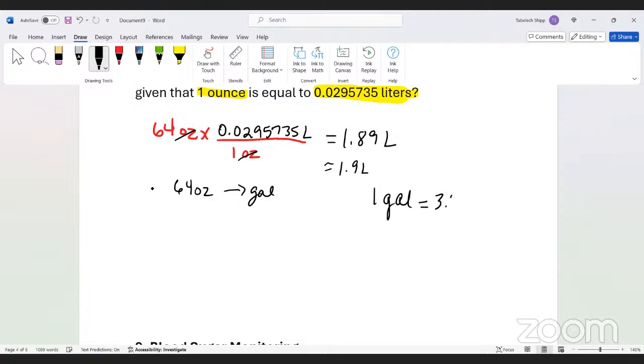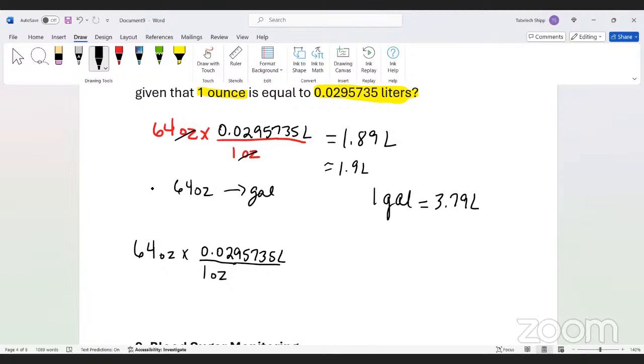What you would have to do is take the 64 ounces the person is drinking times, on the very bottom, 1 ounce, which is equal to 0.0295735 liters.